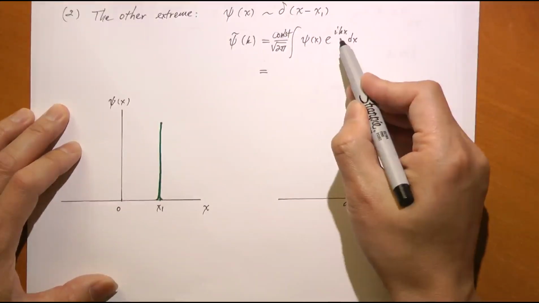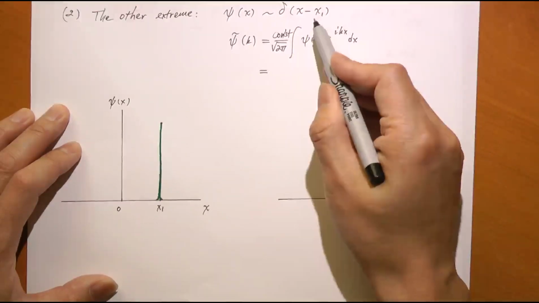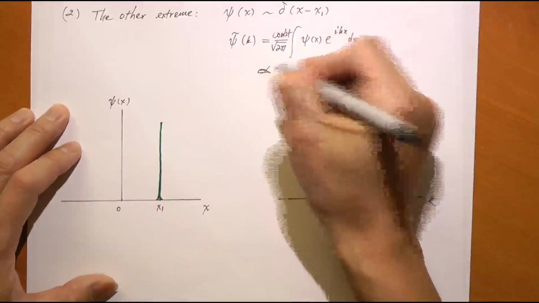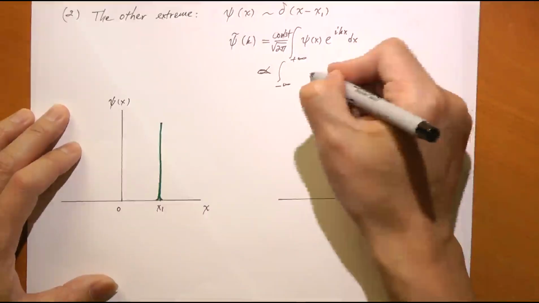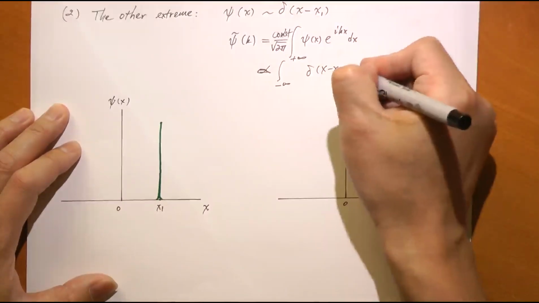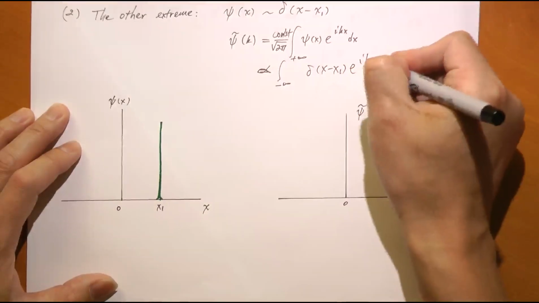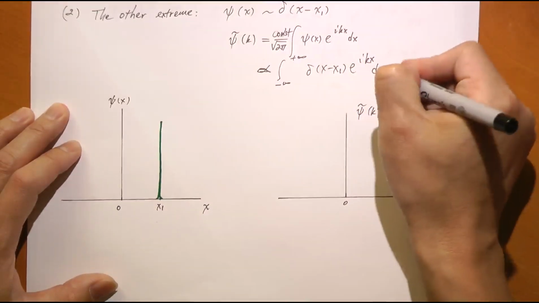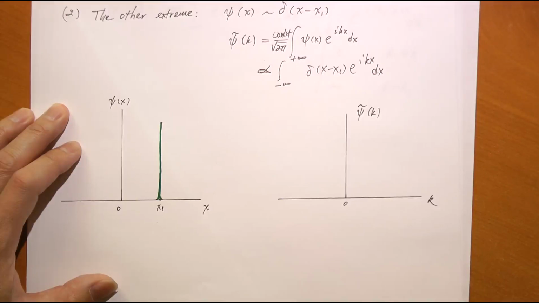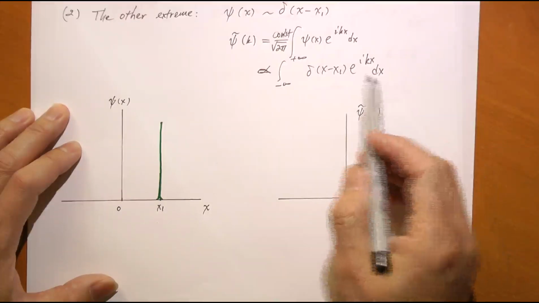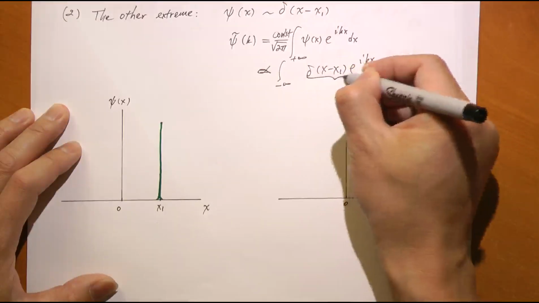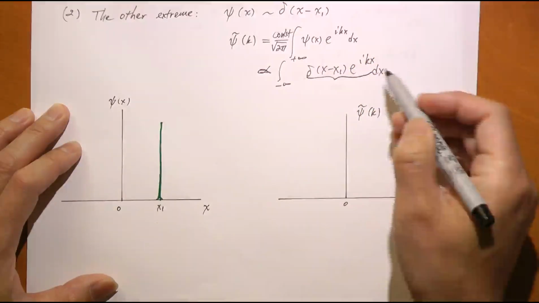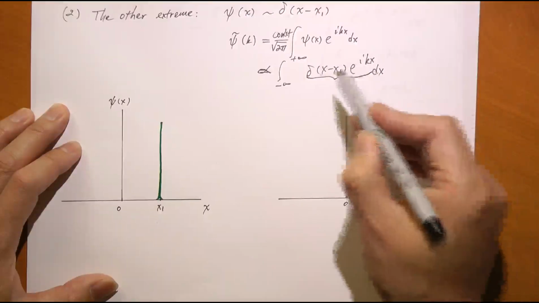Psi k is the integral of psi x times e to the ikx, and psi x is delta x minus x1. So it's proportional to the integral from negative to positive infinity of delta x minus x1, e to the ikx, integrating over dx. So what is this equal to? Well, this entire integrand is equal to 0 unless x equals x1.